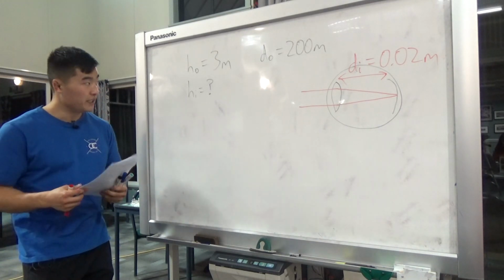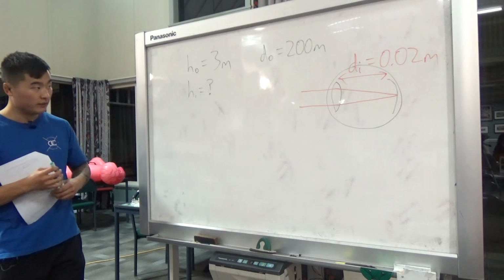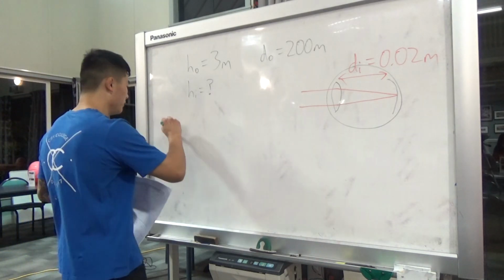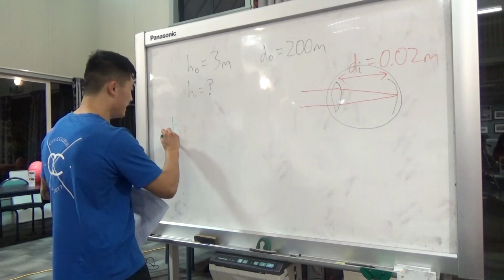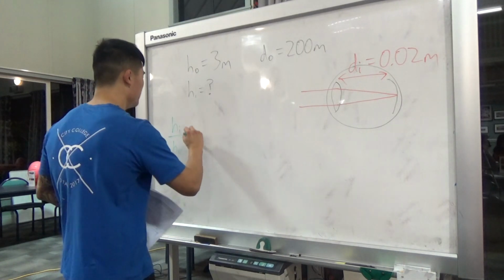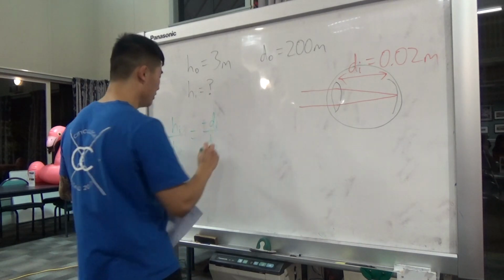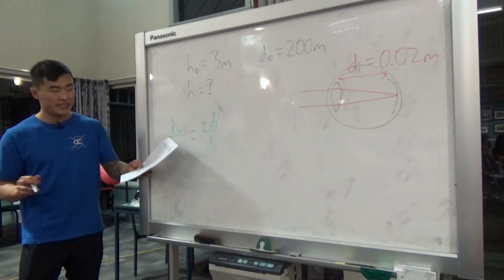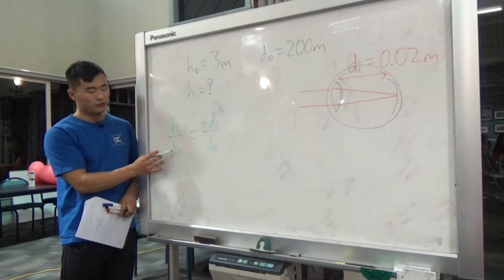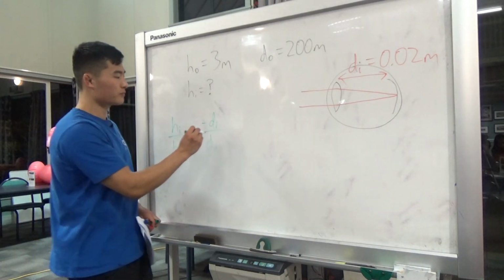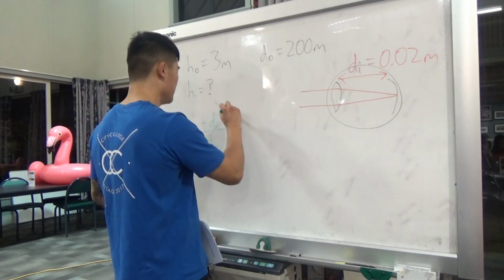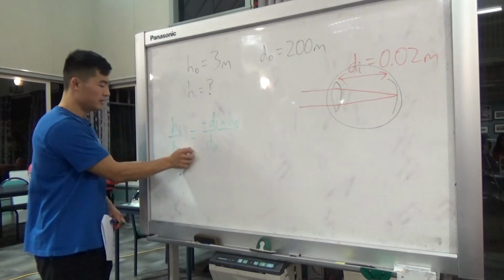Okay, so now we have our variables. So the equation that we'll use is HI over HO is equal to negative DI over DO. And so what we want is HI. So we're just going to move HO up here, so times HO, and this can go away.